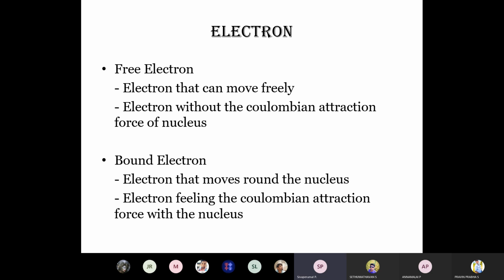So that is the main difference: a free electron moves freely from one state to another state, but a bond electron moves only around the nucleus. There is no Coulomb attraction force from the nucleus for the free electron, but a bond electron feels the Coulomb attraction force of the nucleus.